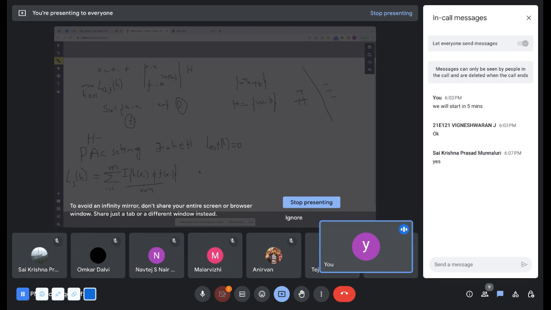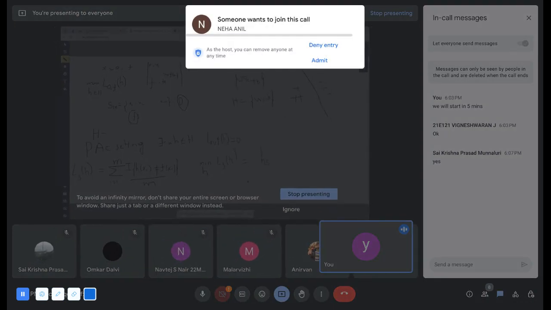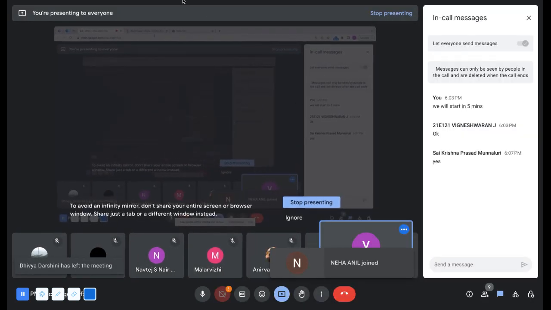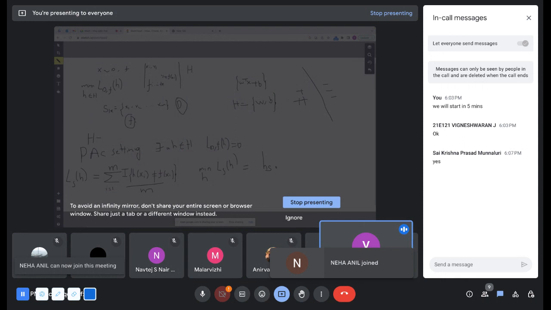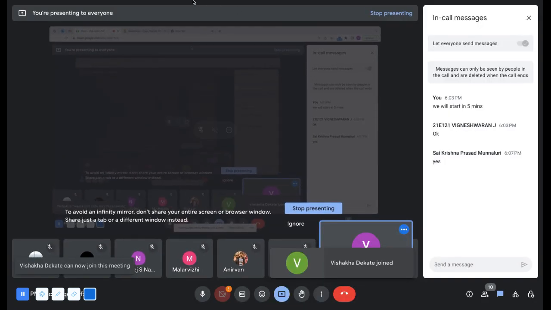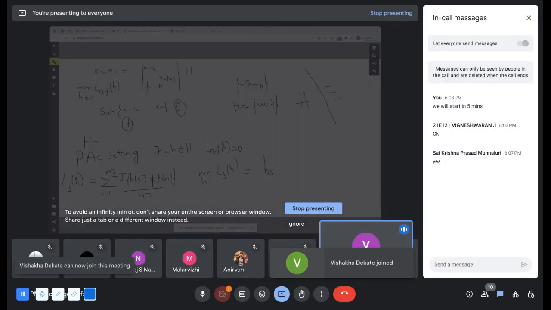Okay, so if you minimize L_S(h) over H, let's say you got this as h_S.